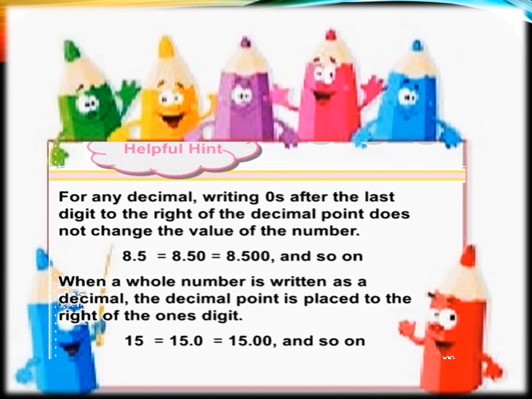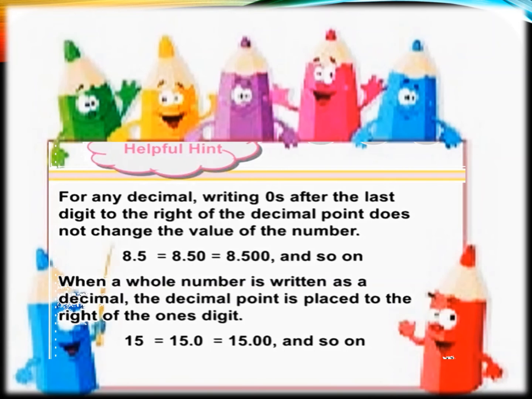Suppose we have written 8.5. If we add 0 at the end, meaning we write 8.50 or 8.500 and so on, this will not change the value of the number.